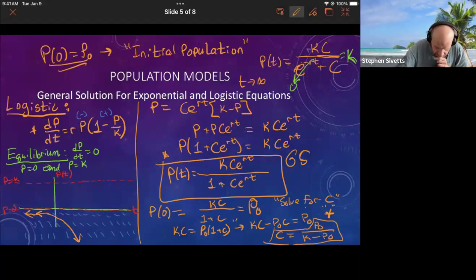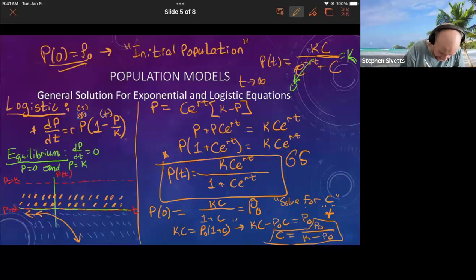But what's interesting is that if P is in between 0 and K, let's say P equals 1, this would be a positive quantity, and also this would still be positive. So we're going to have positive hash marks here, and then it's going to get more positive. And as we get closer to P equals K, your hash marks will flatten out.